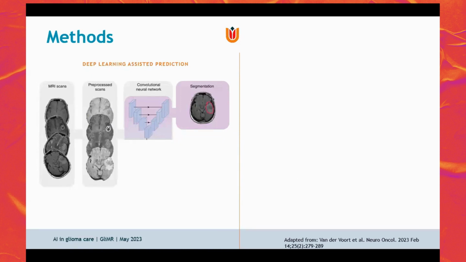Mainly thanks to the BraTS challenge, I think there's been a lot of work on this, and the general workflow looks a bit like this. We use a 3D UNet, which still is the cornerstone, I think, of almost all of the AI work.